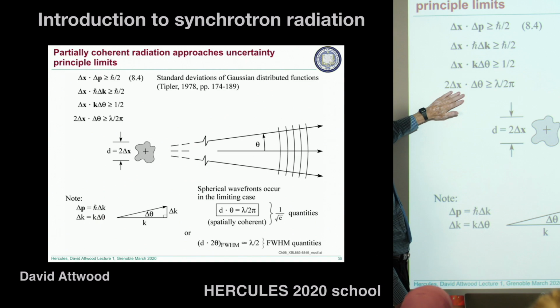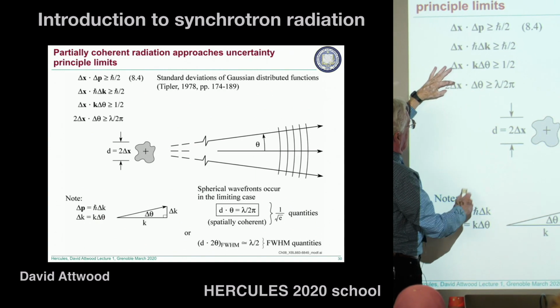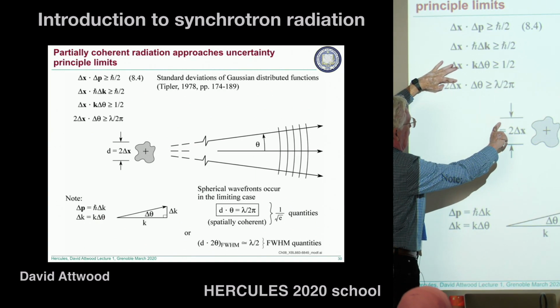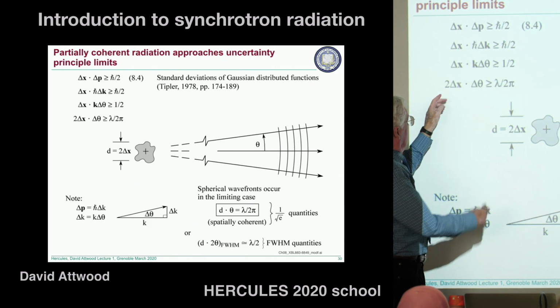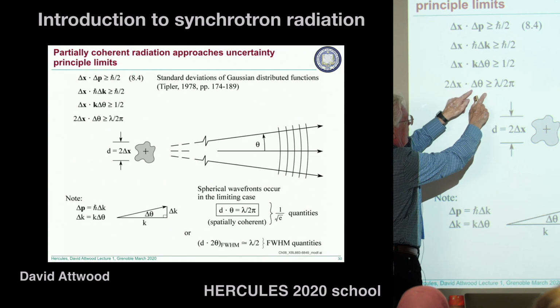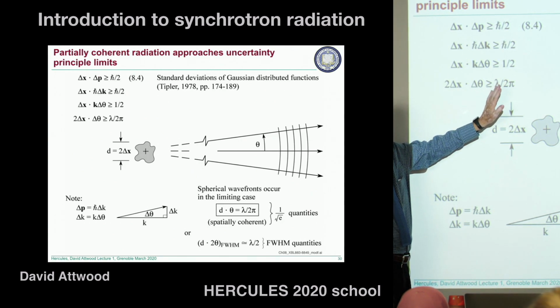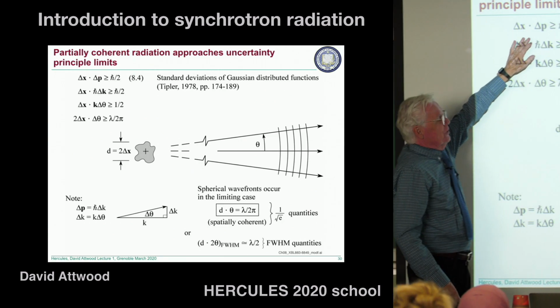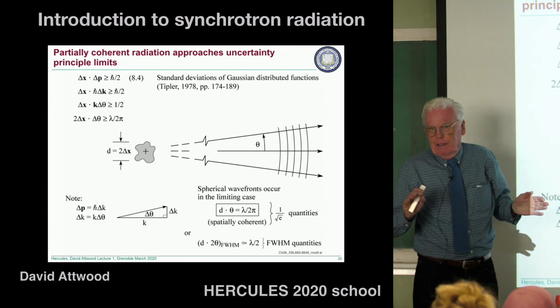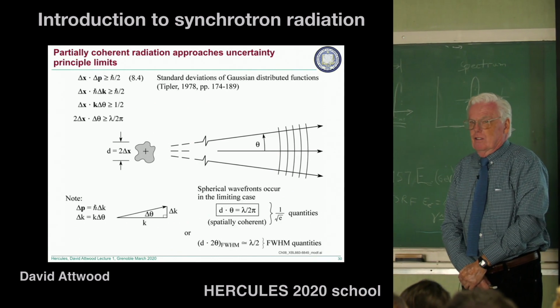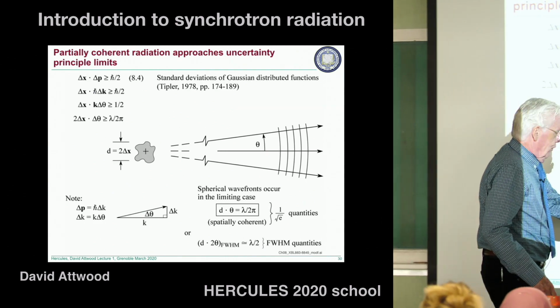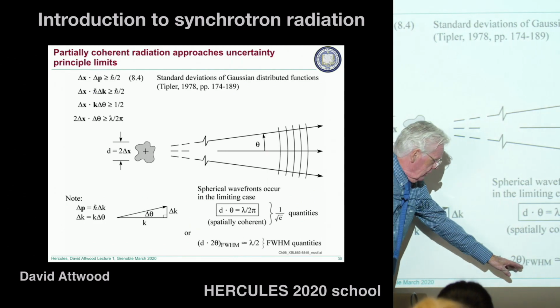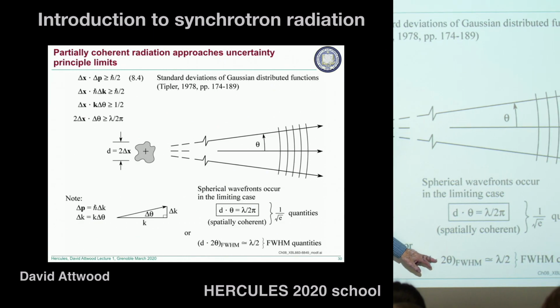This algebraizes. And this is what I'm calling the diameter, the uncertainty in origination, and the uncertainty here in half angle. This is the d, the theta, lambda over 2 pi. Okay? These are RMS quantities, which accelerator physicists like, but laser physicists like full width at half max.